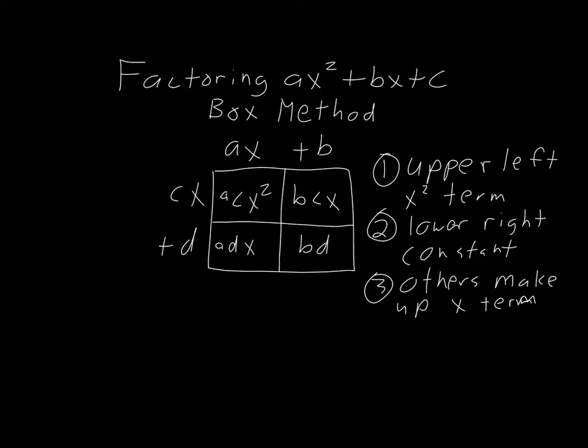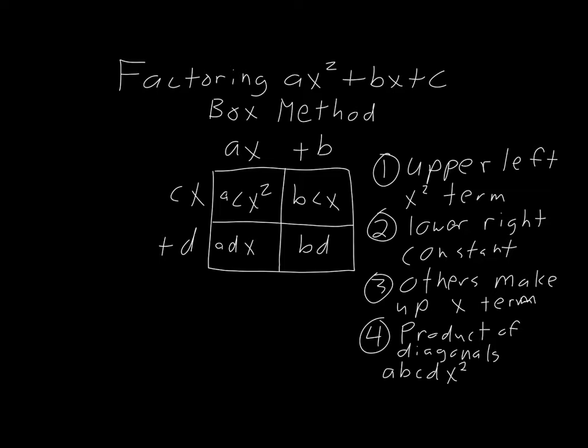Okay, and the fourth observation is a little less obvious: if you multiply the two diagonals together, in both cases we get abcd times x squared.